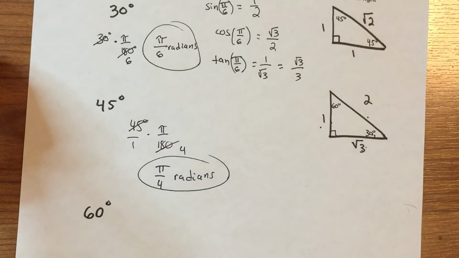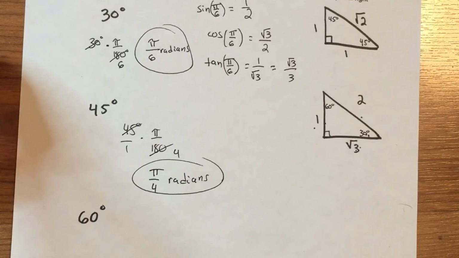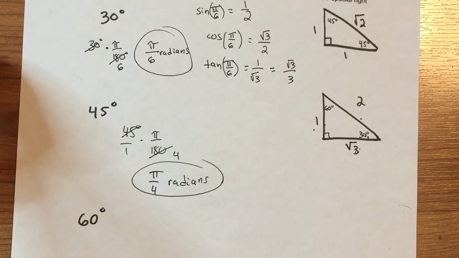I'm circling these answers because these are some common angle measurements you're going to see a lot. 30 degrees, 45 degrees, 60 degrees are used very frequently in trigonometric ratios, geometry problems, even in pre-calculus and calculus. You see these angle measurements a lot, or multiples of these angles.